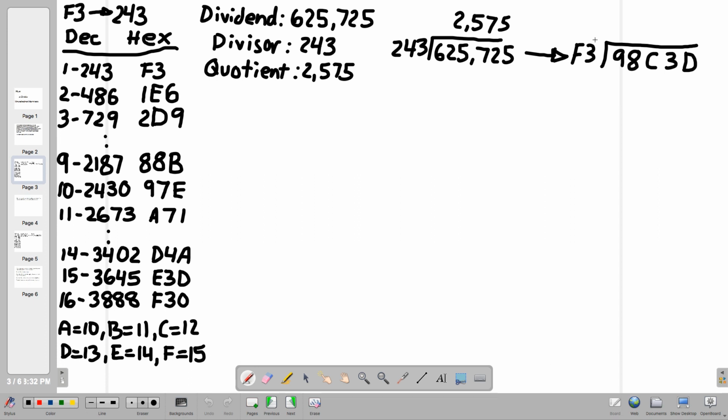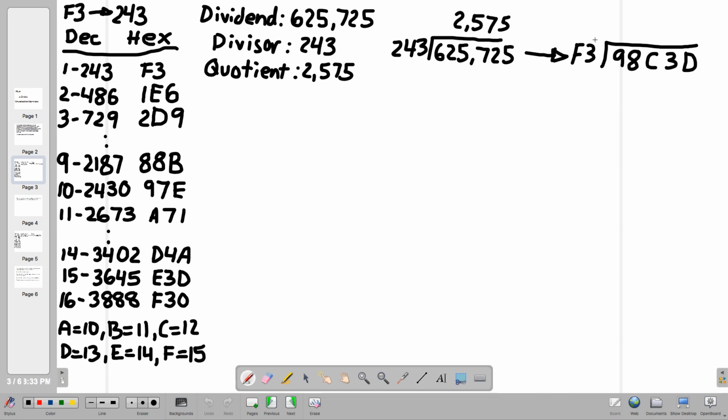When we multiply 243 times 2, we get the value 486. 243 times 3, we get the value 729. As you look towards the right, for 243, its hexadecimal representation is F3. And for the value 729, its hexadecimal representation is 2D9.